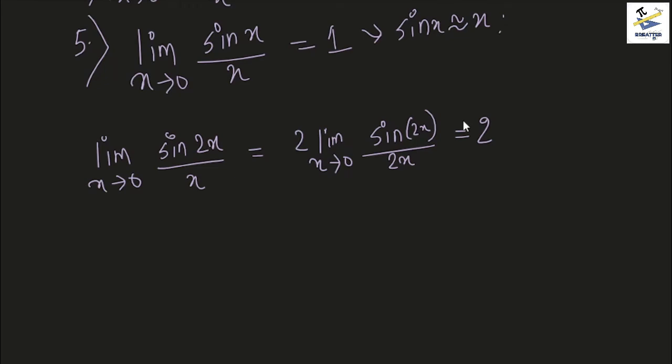Okay, so another example would be limit x tends to 0 of sine of 3x divided by sine of 2x. Now you have done one of these problems in the last video, but if we do not recall it, we can directly use the concept behind it.